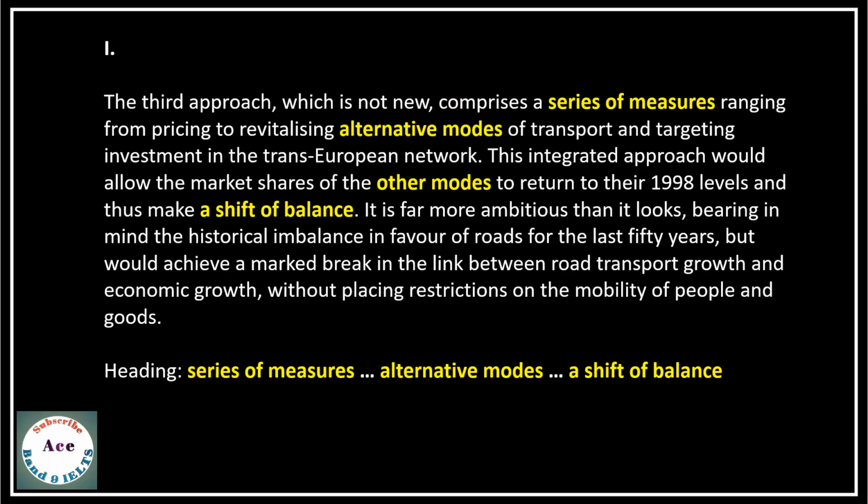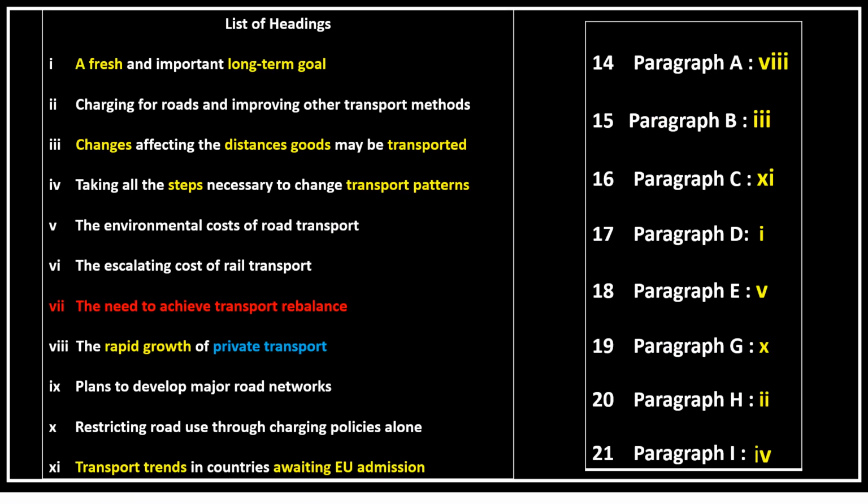Finally, the last paragraph talks about a series of measures, alternative modes, other modes, a shift of balance. So these are the keywords. Since you have answered most of the paragraphs, you have identified the best options for most of the paragraphs.